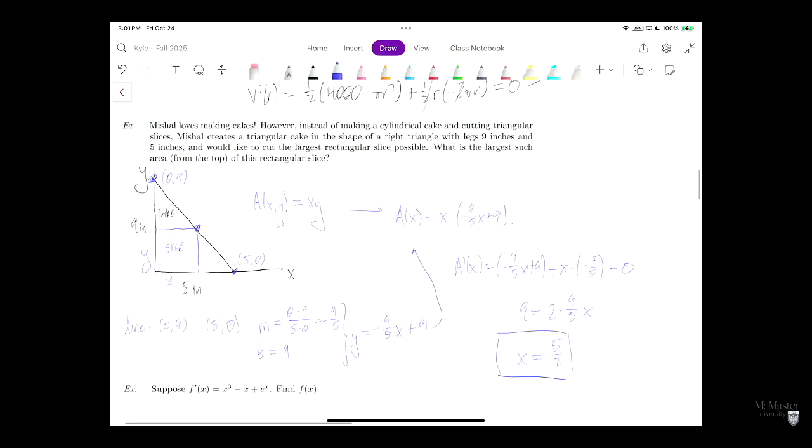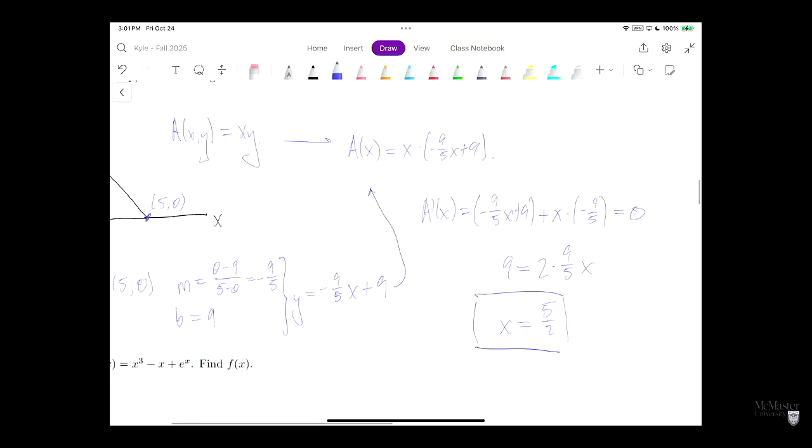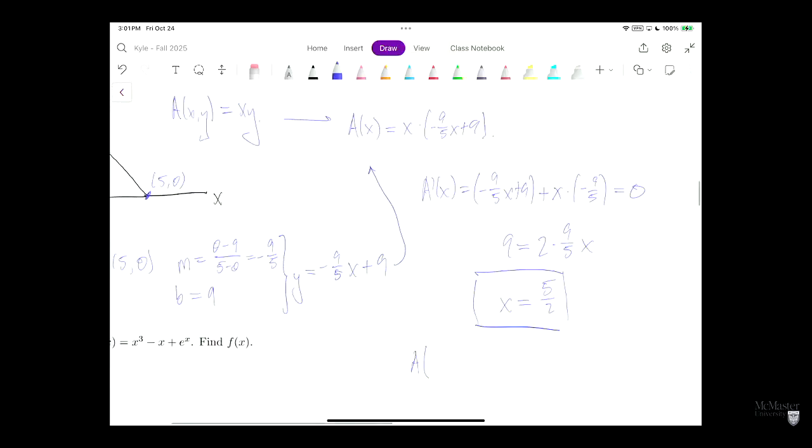Now the question says, what is the largest such area of this rectangular slice? We're going to sub this optimal value of x back into A. So A at 5/2 is equal to 5/2 times (negative 9/5 times 5/2 plus 9). And that is our final answer.